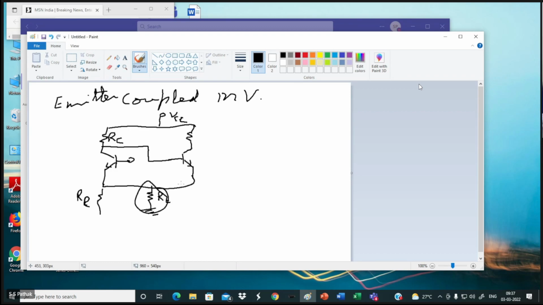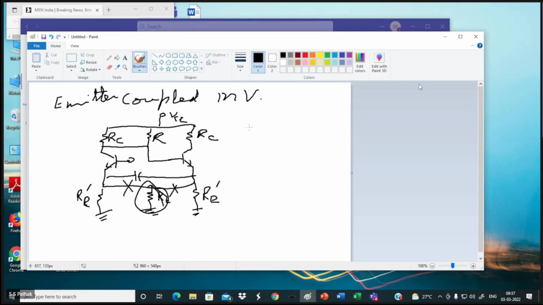Here also I will be having RE dash. So this is split into two parts. You can make it RE and RE here, but this is not connected now. Instead of that, it is connected by a capacitor. So two emitters are coupled. These two are grounded like that. And as usual, this base will be given a positive supply. So this is your R, this is my RC.